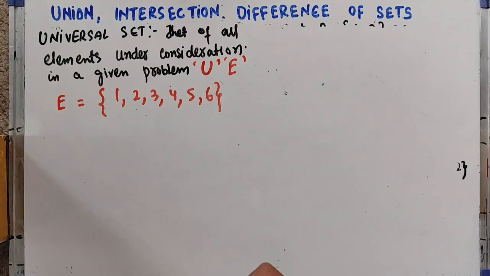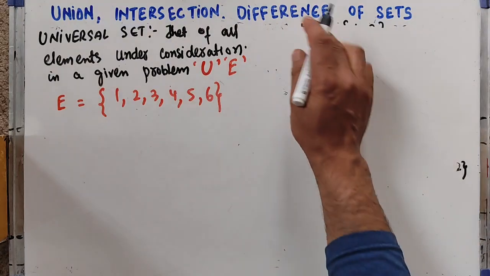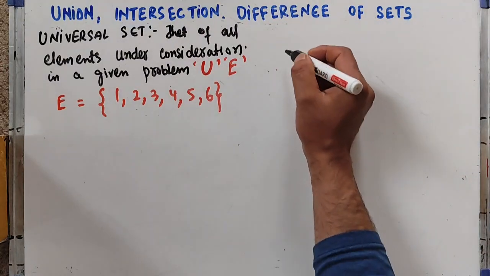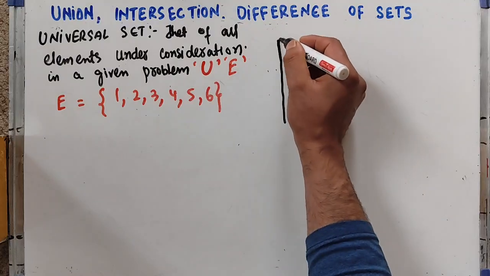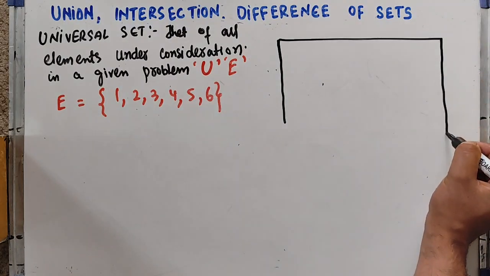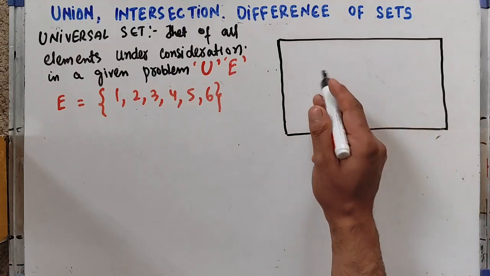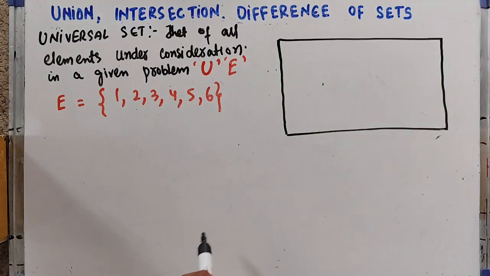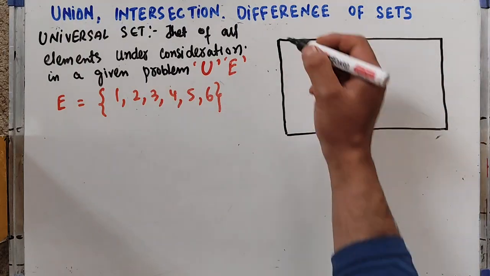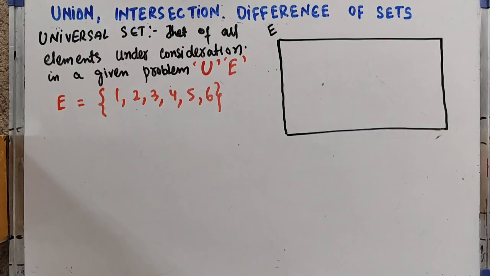This is our universal set. Now on the diagram we denote the universal set by a rectangle. All the elements present in this rectangle represent the universal set here. So let us denote it by E here.